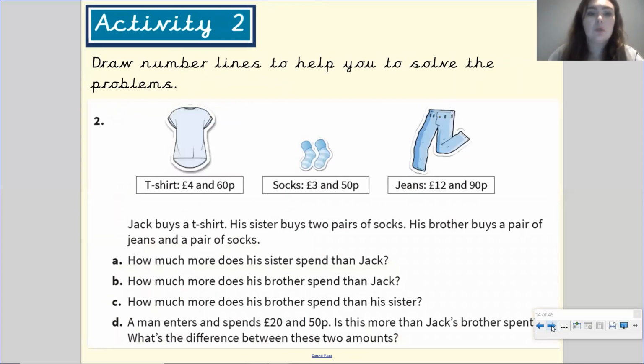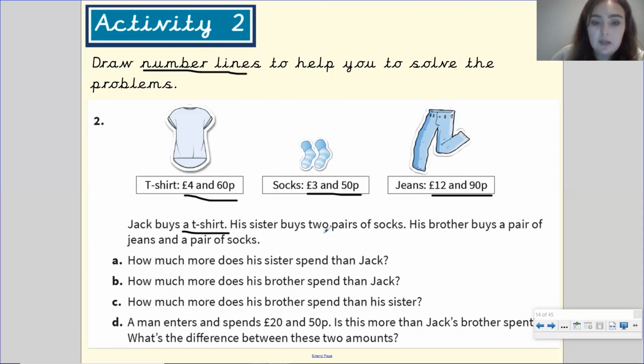Okay, activity number 2, draw number lines to help you solve the problems. Question 2, a T-shirt is worth £4.60, socks are £3.55 and jeans are £12.90. Jack buys a T-shirt, his sister buys 2 pairs of socks, his brother buys a pair of jeans and a pair of socks.